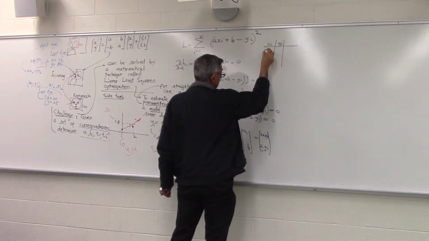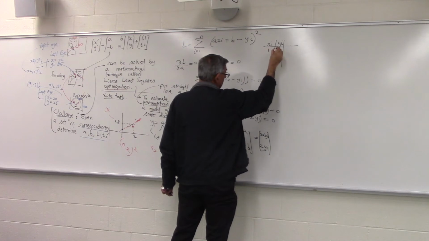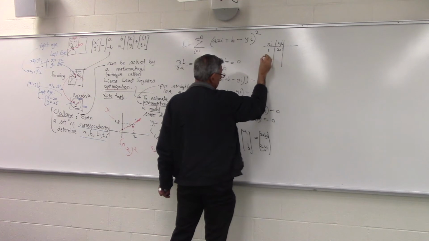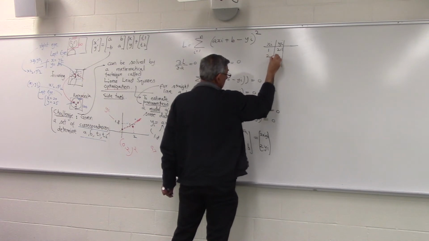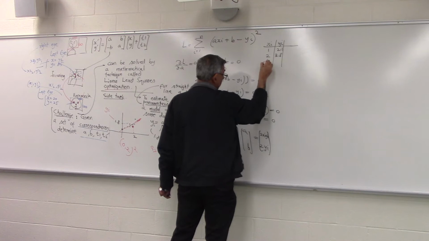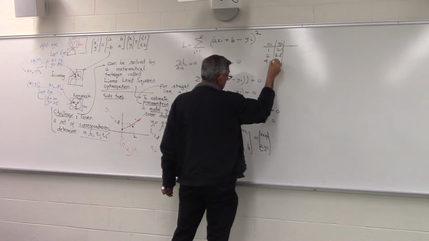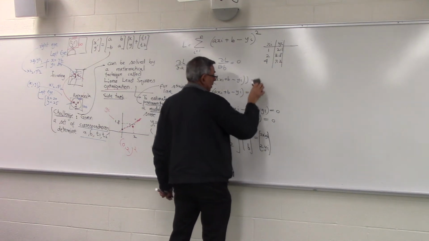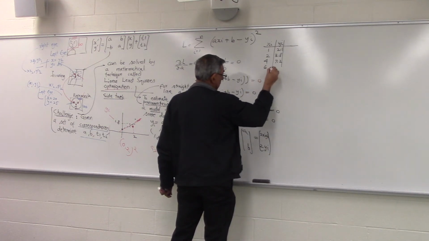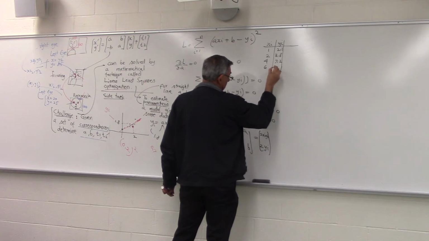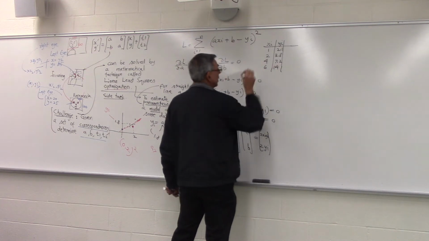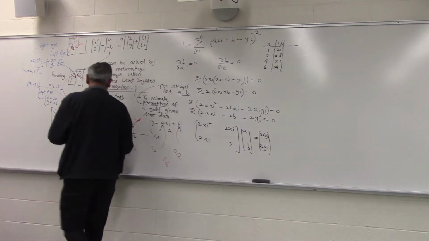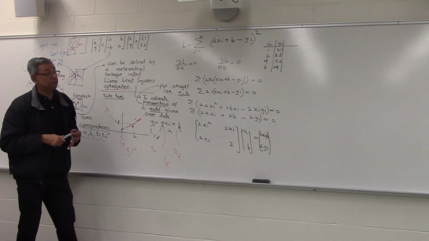Suppose the data points were x of 1, y of 2; 2.1, 2; 3.8, 4; like 7.2, something like that. Okay, let's go 6, 40.